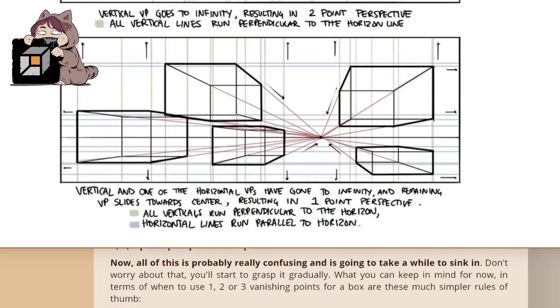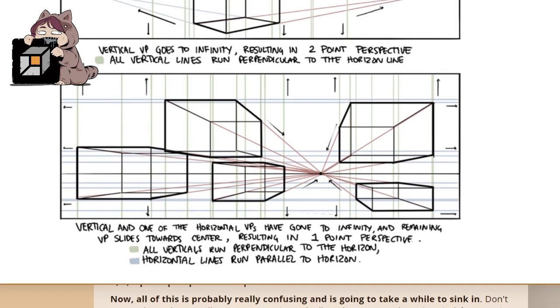And in this image, vertical and one of the horizontal vanishing points have gone to infinity, and the remaining vanishing point slides towards the center, resulting in a 1-point perspective. So the green lines are all verticals running perpendicular to the horizon, and then the blue are horizontal lines running parallel to the horizon. All right.